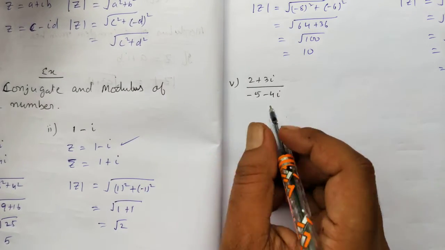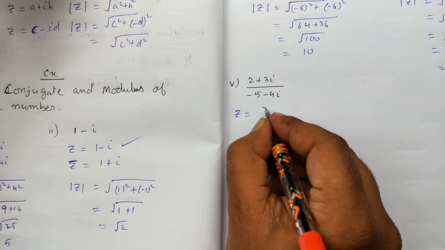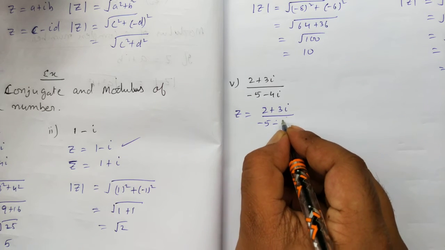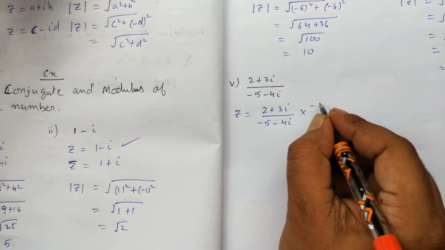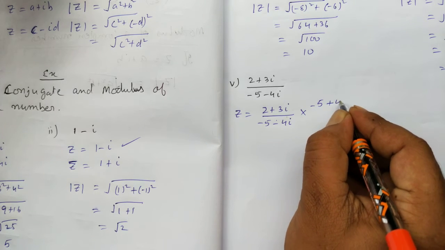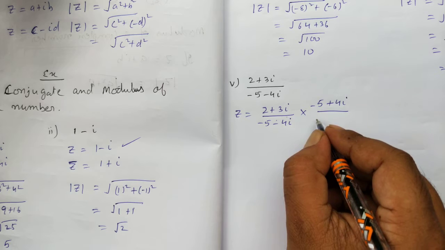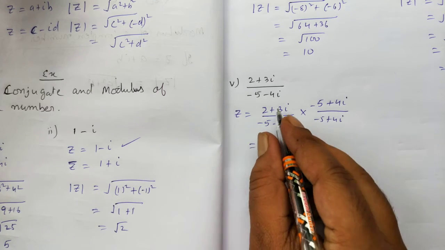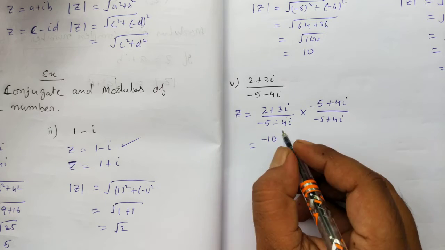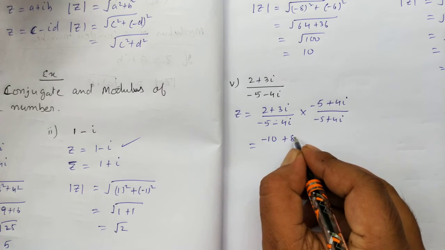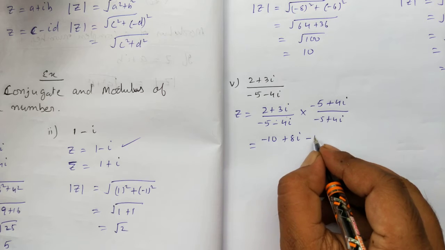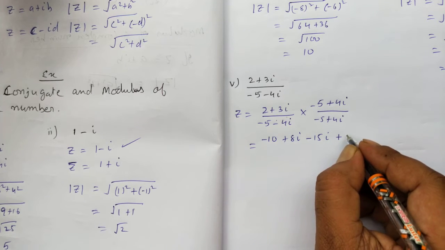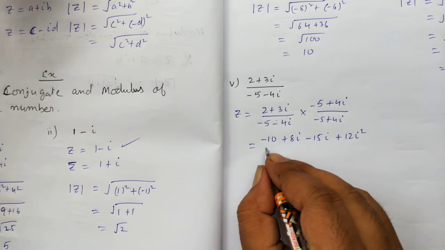First you have to rationalize and make it in the standard form. So we'll rationalize by multiplying by the conjugate of the denominator, plus 4i. If you multiply, 2 fives are 10, 2 fours are 8i, 3 fives are 15i, 3 fours are 12i square.